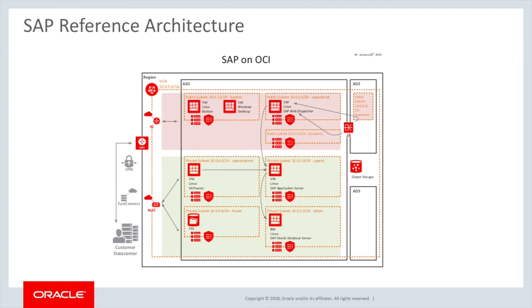There are different security lists configured to allow access to different layers of the SAP App Tier and Database Tier and so on. Let me show you the OCI console and then talk about the OCI tenancy and OCI VCN, etc.